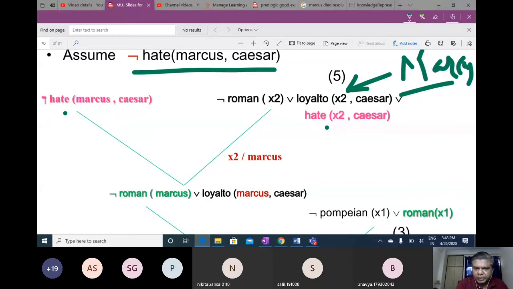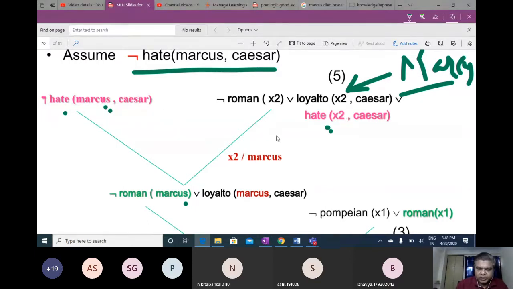Our resulting statement will be not Roman Marcus or loyal to Marcus Caesar, because these two terms will only cancel if we replace x2 by Marcus.